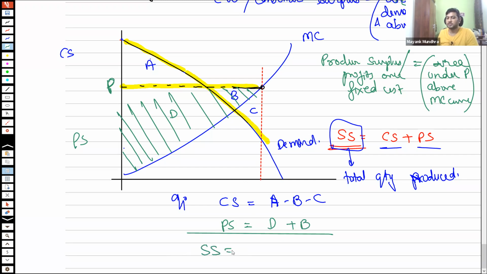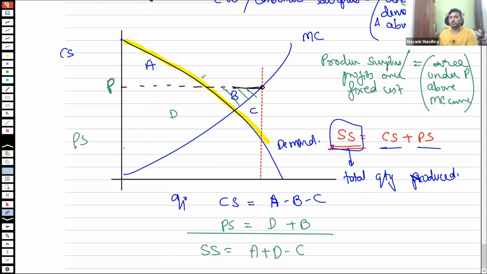Now total social surplus will be equal to A plus D minus C. So total social surplus in this case will be A plus D minus C. B doesn't play a role in the total social surplus.